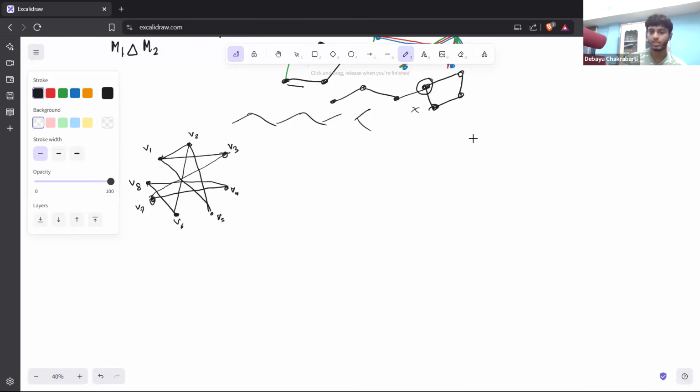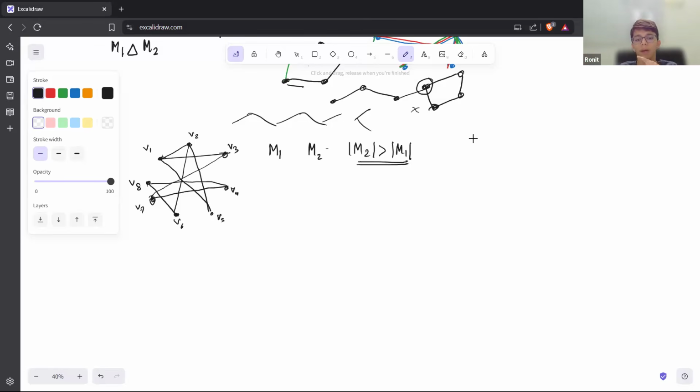Let's call the matching M, the one which has no augmenting path and yet is somehow not the maximal matching. Suppose for the sake of contradiction you have a matching M2, which has |M2| greater than |M|. Suppose M2 is the maximal matching.